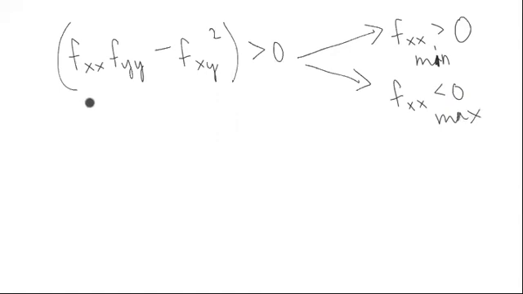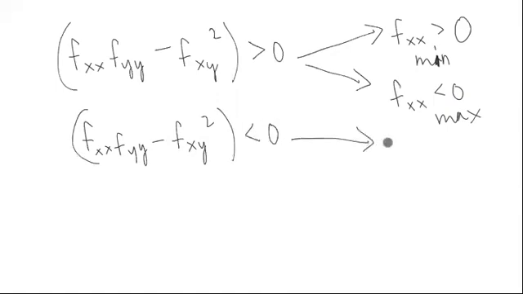Then what if this quantity right here were less than 0? That means we for sure have a saddle point, because the different roots will be different signs.